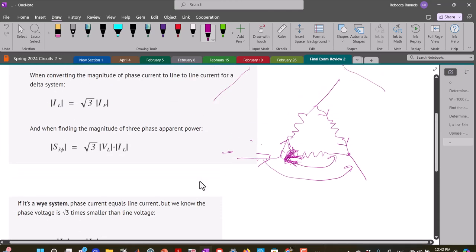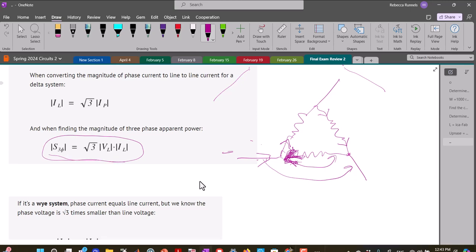And then the other place the square root of 3 shows up is here with the power. We've got that, and that's the square root of 3 times the line voltage and line current. You take that and multiply by the square root of 3 to get the power.